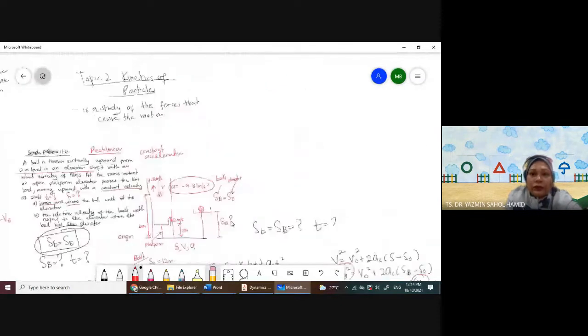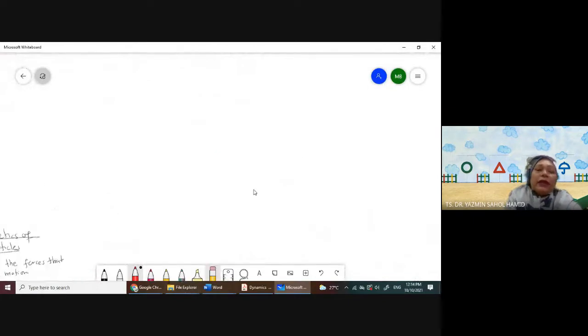Now, just to tell you, in the topic kinematics of particles, there are many types of questions. Number one, for example, involves a particle that is thrown in the air, and then it falls down due to gravity with the acceleration of 9.81 meter per second squared.